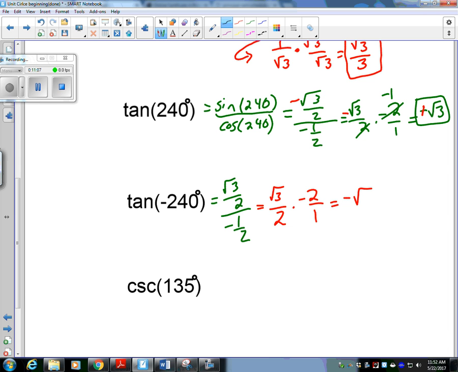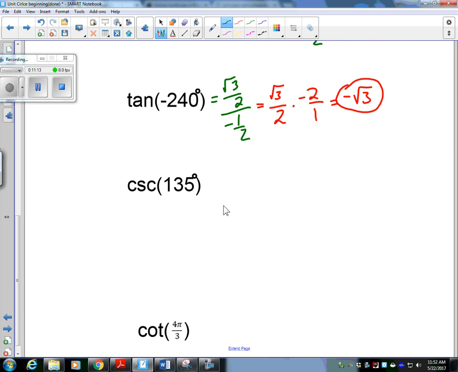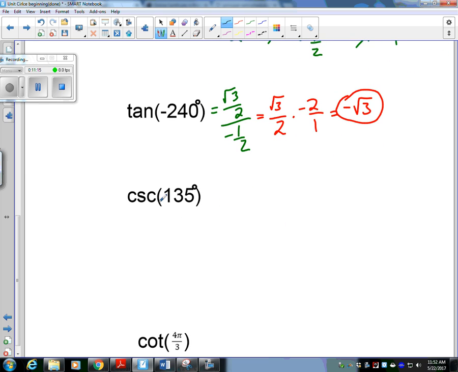And then down here we have cosecant. Cosecant is 1 over the sine, so it's the inverse of sine. So we look for the sine of 135, I think is the easiest way to do it.